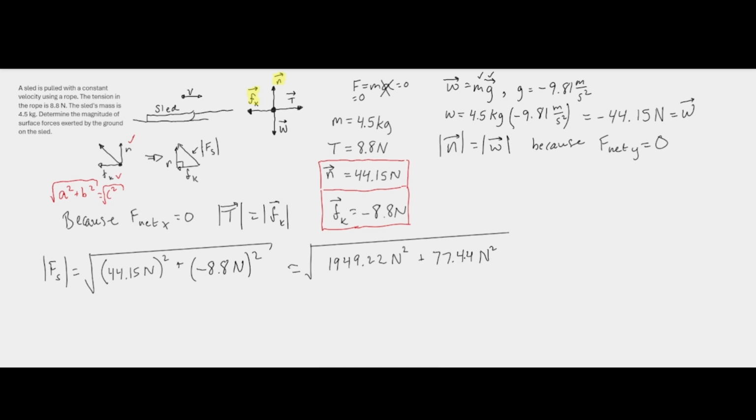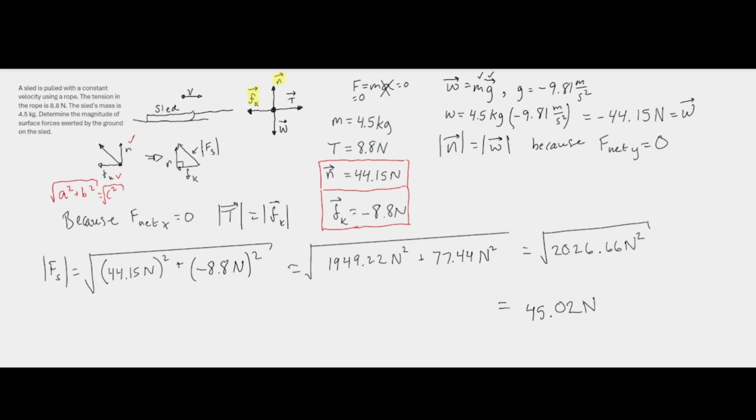So I'm going to add the 1949 plus the 77, and this then becomes 2026.66 newtons squared. And now I take the square root of both of these, and this is going to be equal to 45.02 newtons.